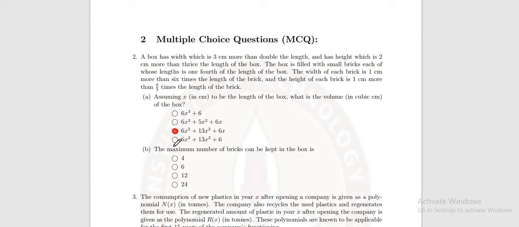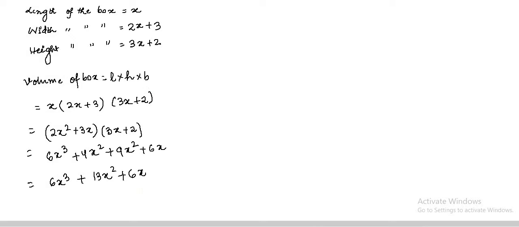Moving on to question B, the maximum number of bricks that can be kept in the box. For that we need to find the volume of the brick. Let's verify the data given. The length of the brick is 1/4 the length of the box, and we considered the length of the box to be x, so algebraically it is x by 4.